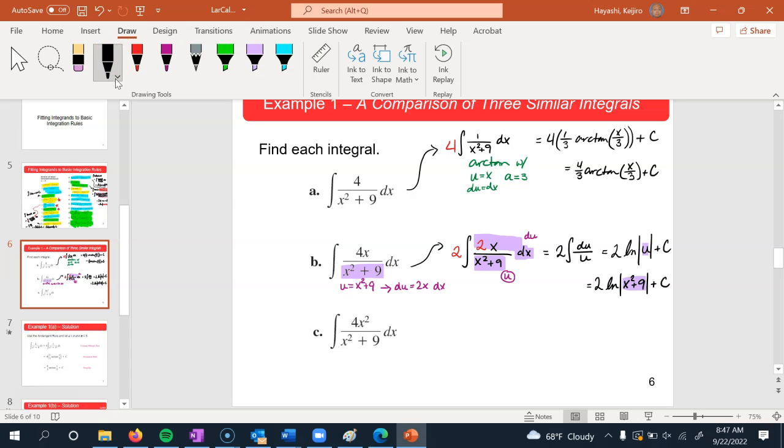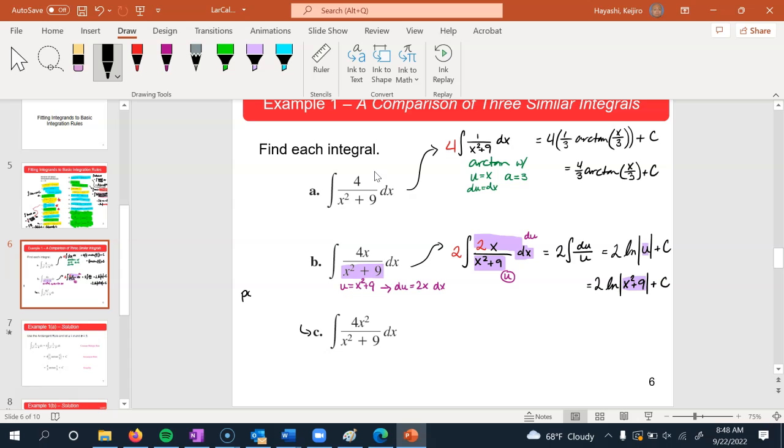Okay. Now the last one, which differs from the others by having x squared on top as opposed to x, or as opposed to no variable at all. Now this, the first thing to notice is that the power of the numerator is now at least the power of the denominator.